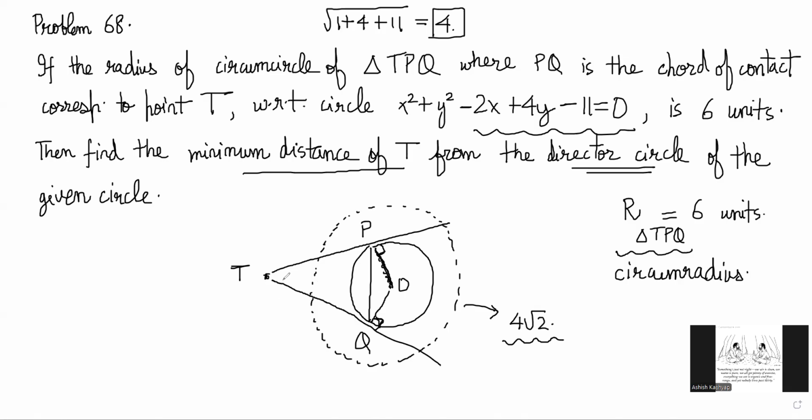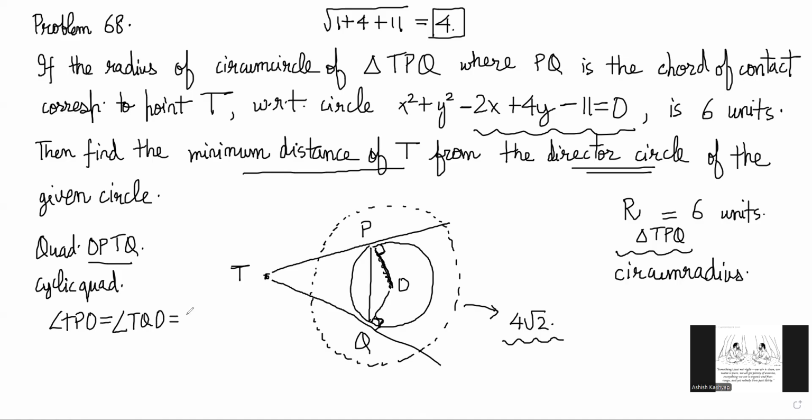So obviously, if you look at the quadrilateral OPTQ, OPTQ is a cyclic quadrilateral. Why is it cyclic? Because angle TPO is equal to angle TQO is equal to 90. So the sum of opposite angles of this quadrilateral is going to be 180. So it is cyclic.